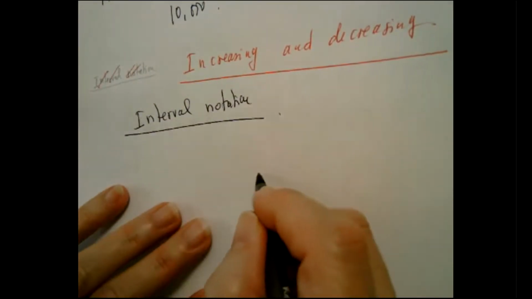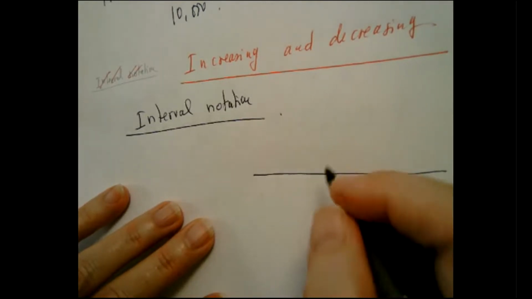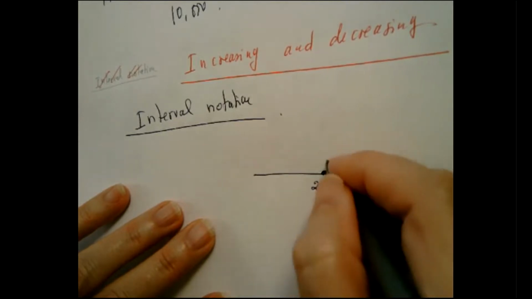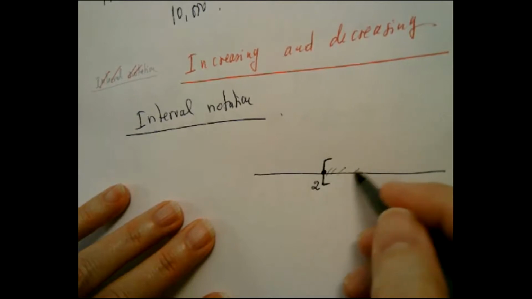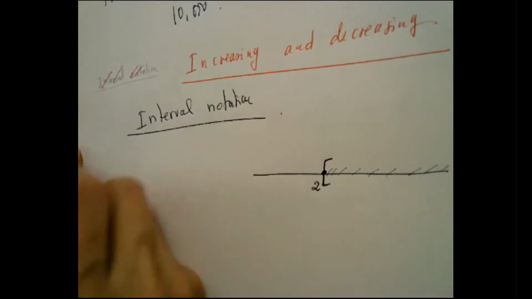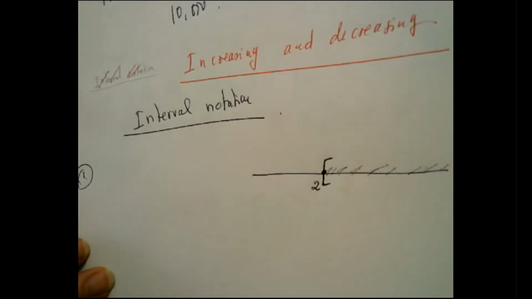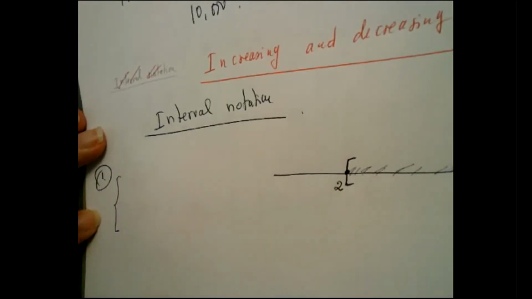All right, here it is. Let us say I have a number line, and I'm going to pick a number 2 right here. We're going to describe everything larger than 2. That's the first example. I want to describe the shaded region in two ways.